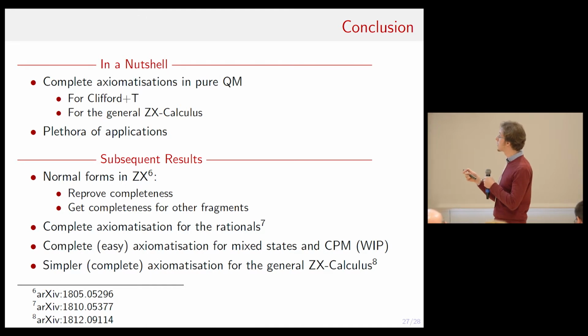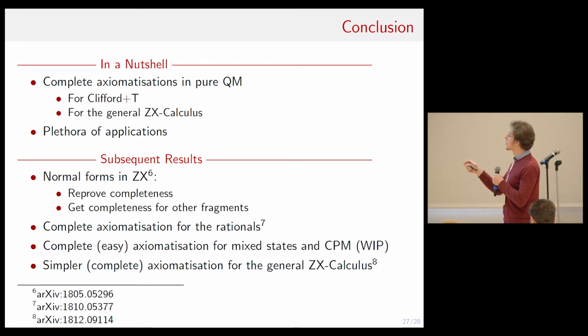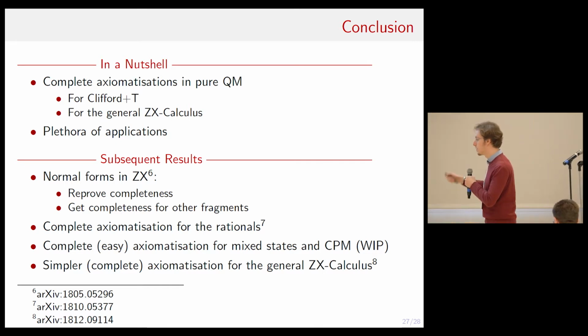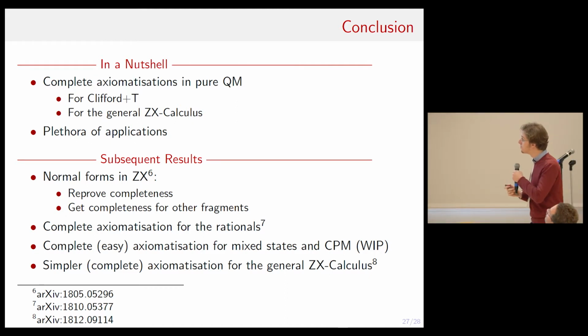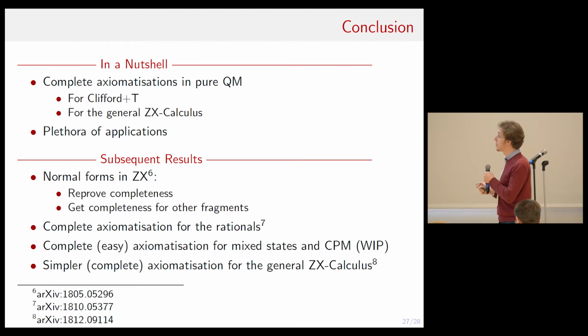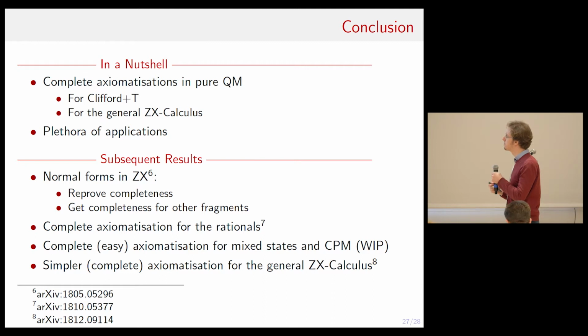And it allowed us to get completeness results for other fragments of the language. We now have a complete axiomatization for the rationals, so again, another fragment of the language. We have a complete and easy axiomatization for mixed states and CPM, as I said in the introduction.